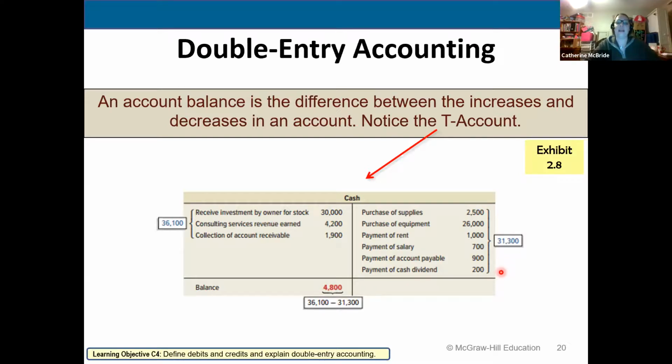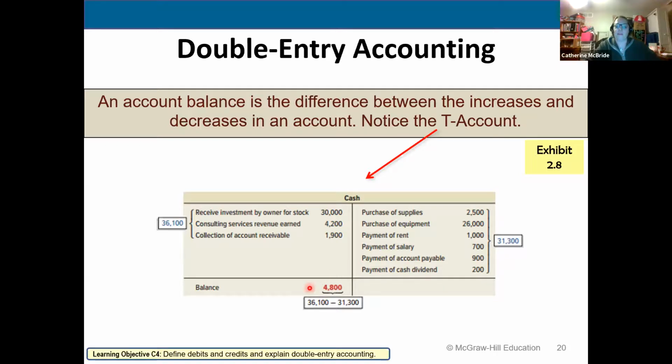So to get my balance, I'm going to say, okay, there's $36,100 that I increased in cash, and I spent $31,300. So I have $4,800 in cash left, and it's a debit because the 36,100 is bigger than the 31,300.